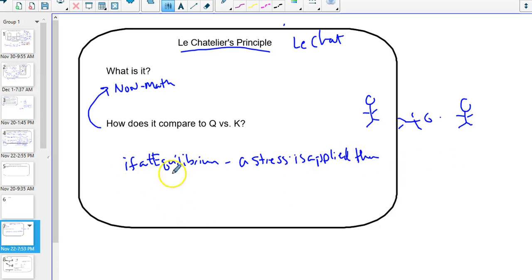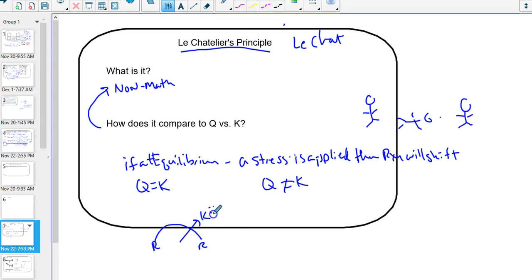So we're saying you're at equilibrium, which means your Q equals your K value. A stress is applied, so now your Q does not equal K. Then your reaction will shift. On this little table, you're at Q versus K, you're here.